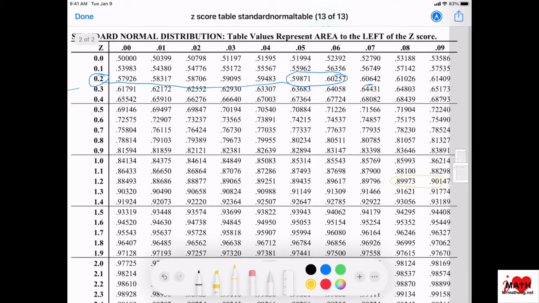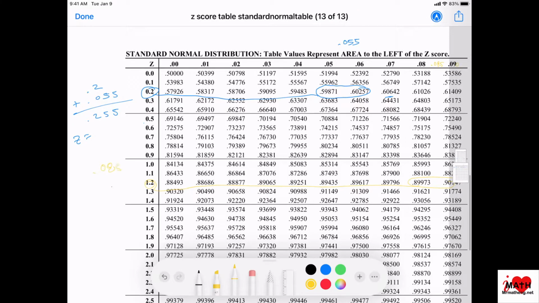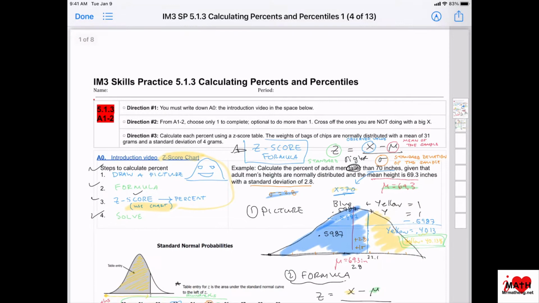Between these two numbers. So 0.085, because that's like a 0.090, so 0.085 to 1.2. So I have a z-score of 1.285. A percentage under the curve of 90% is equivalent to a z-score of 1.285.